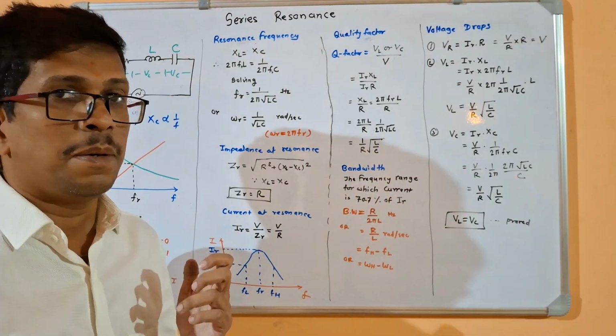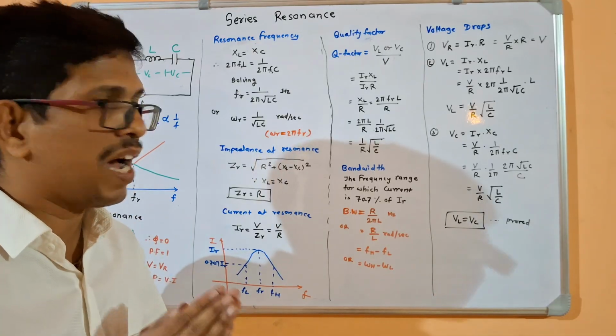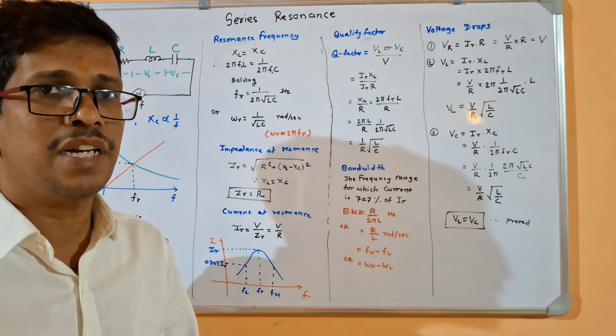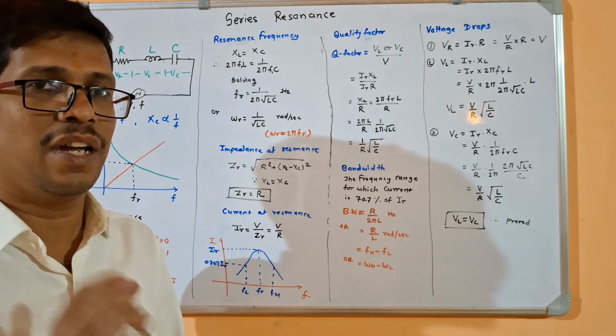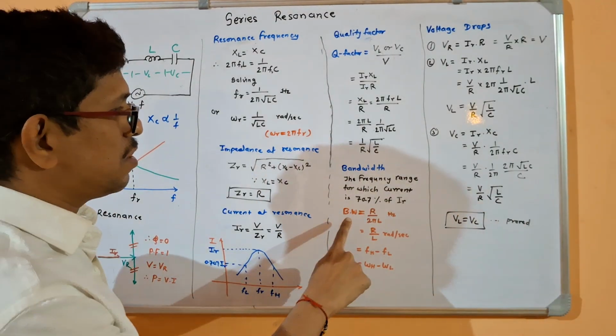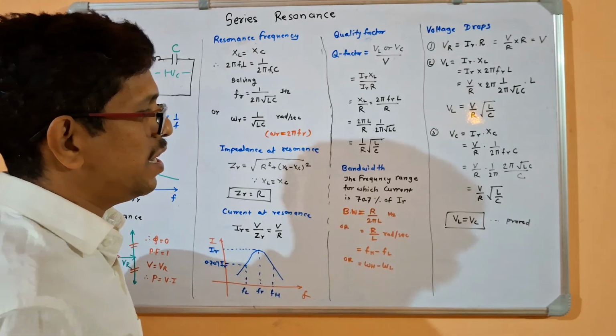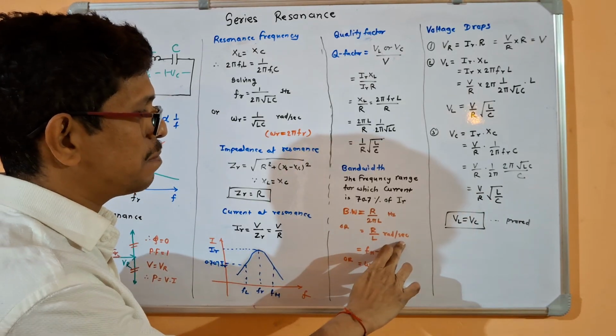Now bandwidth. Bandwidth is a frequency range for which current is either 70.7% or more than it. Okay, with respect to I current at resonance, and its formula is given by bandwidth is equal to R by 2 pi L in hertz or R by L radians per second.